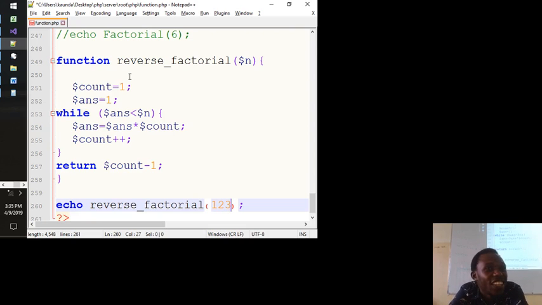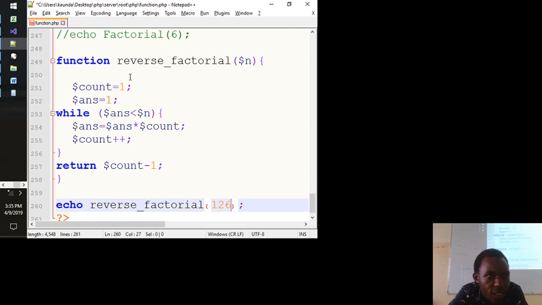Before, you said we should try the analysis. We said 5 factorial should give you 120. So the question is, if I give you this number, which factorial is this?